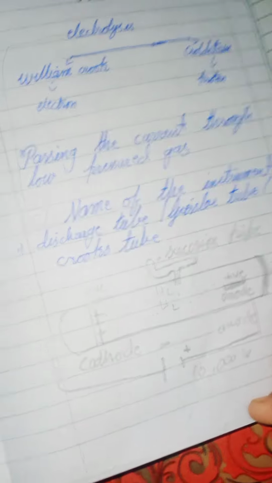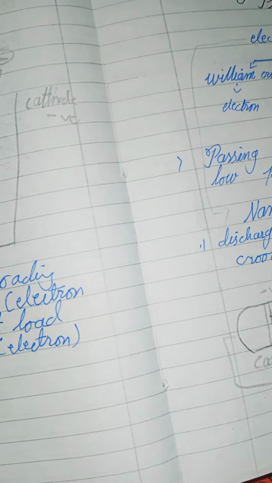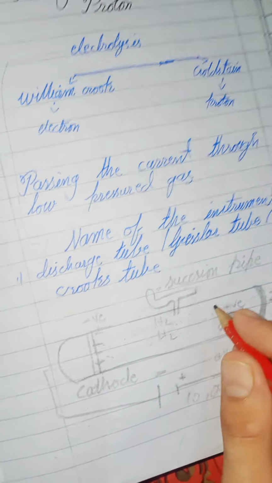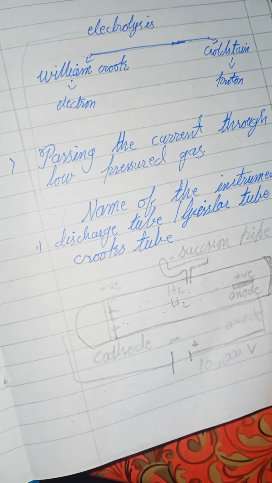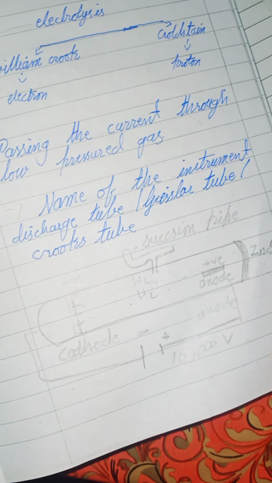So he said that cathode rays are striking. He named the striking particles cathode rays. Before striking, they are cathode particles, which strike the zinc sulfide, and after striking, the effect is what he named cathode rays.